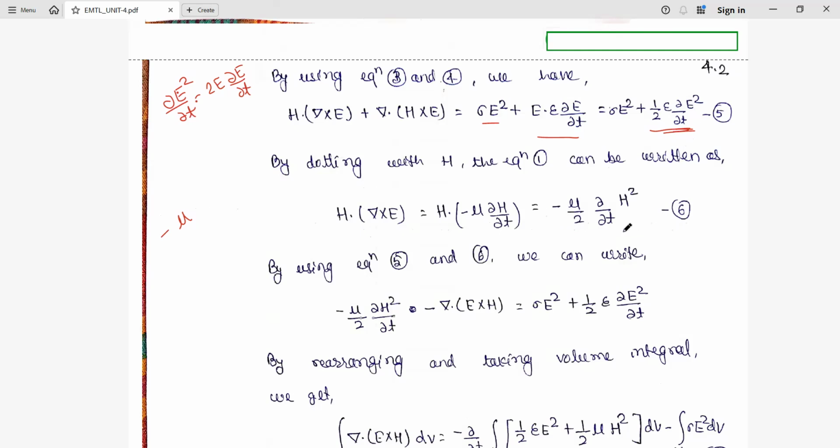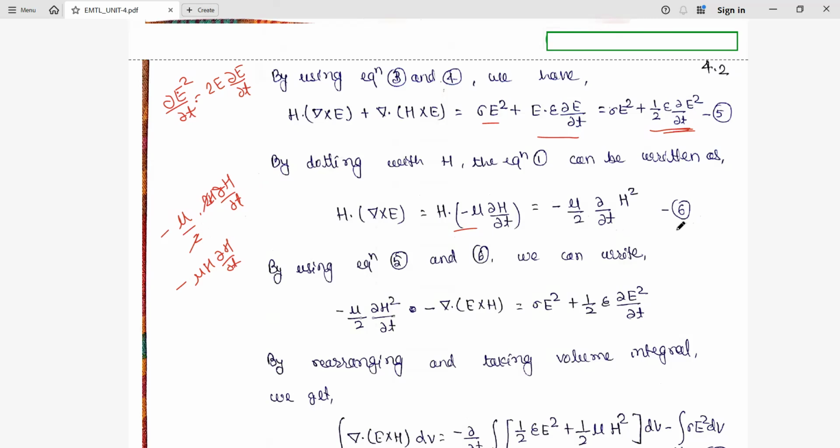Again, if you see the differentiation of this, dou H by dou T, this H square is here. So finally 2H dou H by dou T. So this 2 will be cancelled. We will have minus mu H dou H by dou T. So that is the similar expression what we have here.